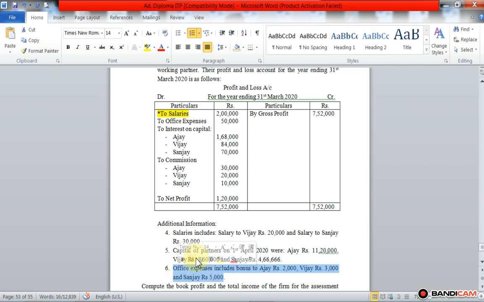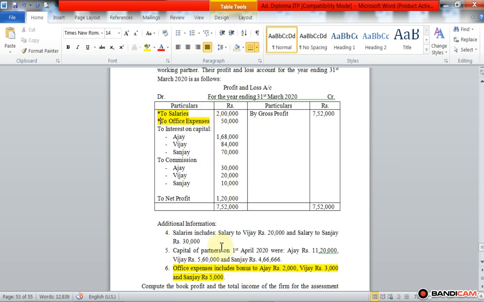So office expenses include bonus. Bonus is a part of remuneration, so it is added to net profit. Not much hard adjustment on the salary. Salary is an allowable expenditure, but partner salary is disallowed. Deduction is allowable only to working partners.